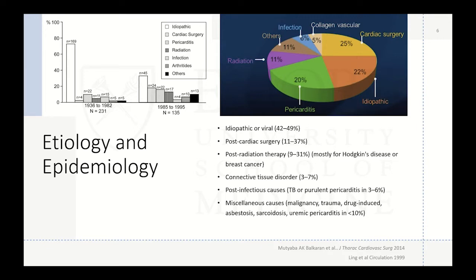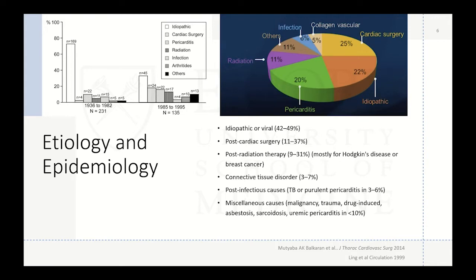They found that there's been a transition in the number of cases of post-cardiac surgery constrictive pericarditis, and that's probably because of the advances in cardiothoracic surgery by itself. There's also been a downtrend of idiopathic cases of constriction seen in this study.